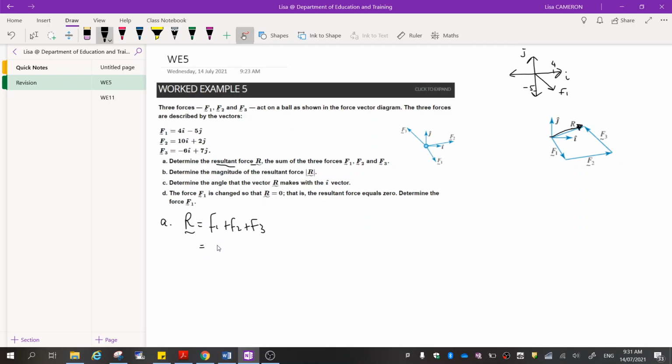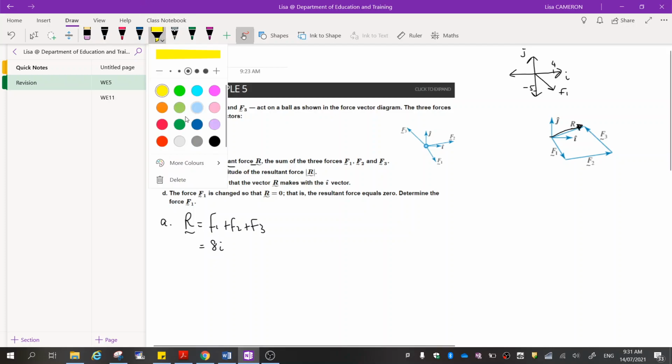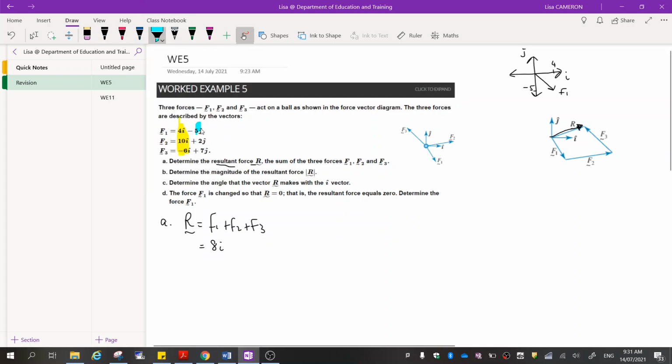So all I have to do is add together my I components and add together the J components. So I add all of these together, and that gives me 4 plus 10 is 14 minus 6 is 8I. Now I'm going to add together the J component. Now, be careful that you need to take the sign in front. So -5, let's add together first.